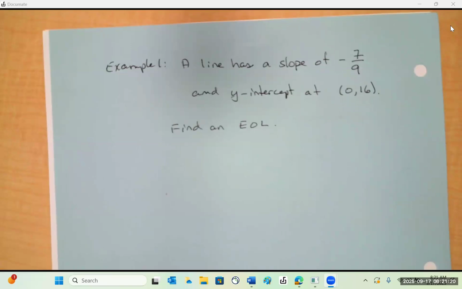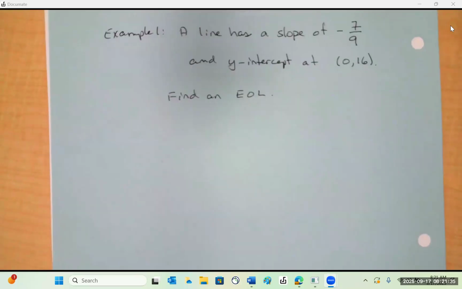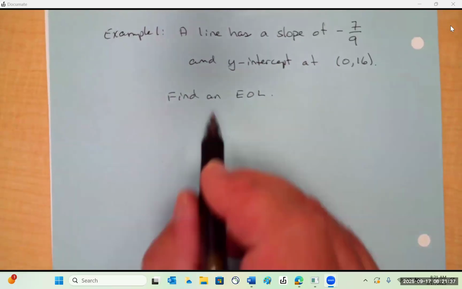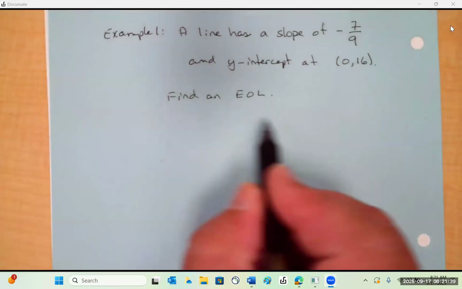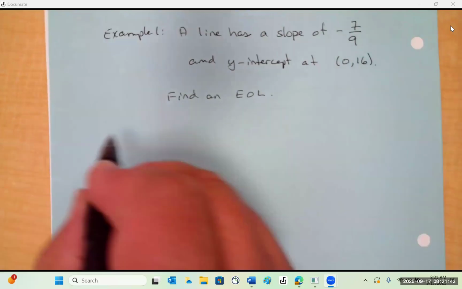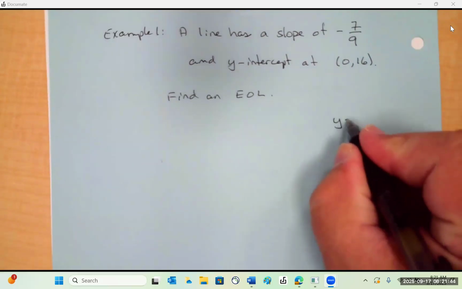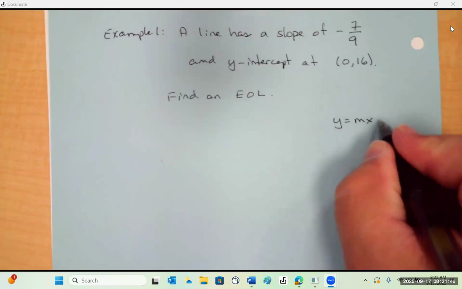Find an equation of the line. It doesn't specifically say what kind we're going to use. We're going to end up with this one.